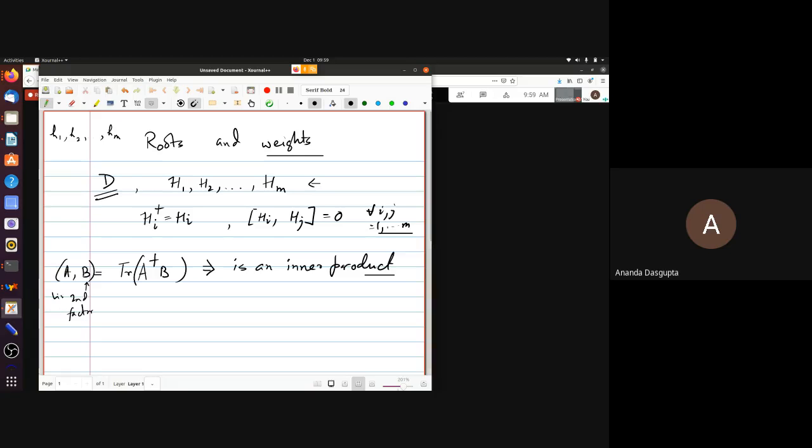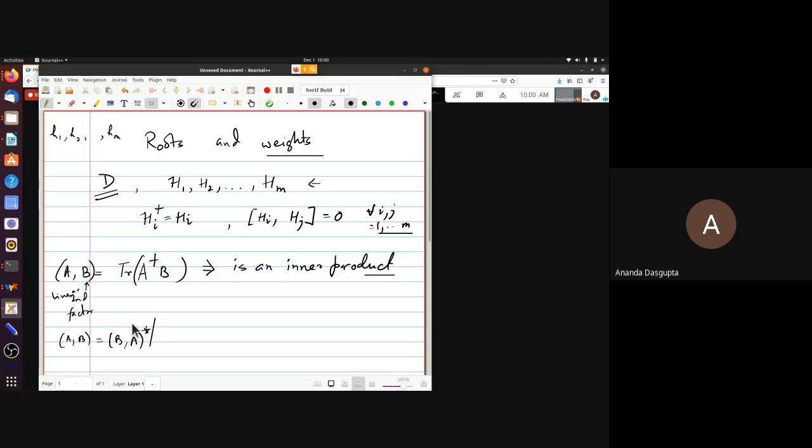It's linear in B, and then it obeys this, which has various names. Sometimes you call it anti-commutativity, but that's sort of confusing because that makes you think that A comma B is minus B comma A. This is also called the Hermitian conjugate property or the Hermite property.